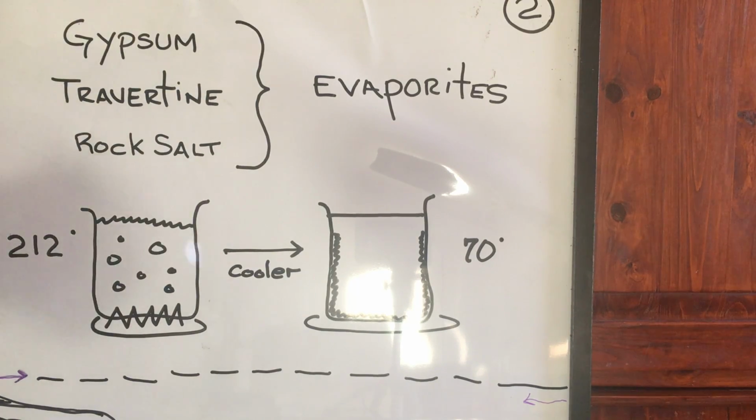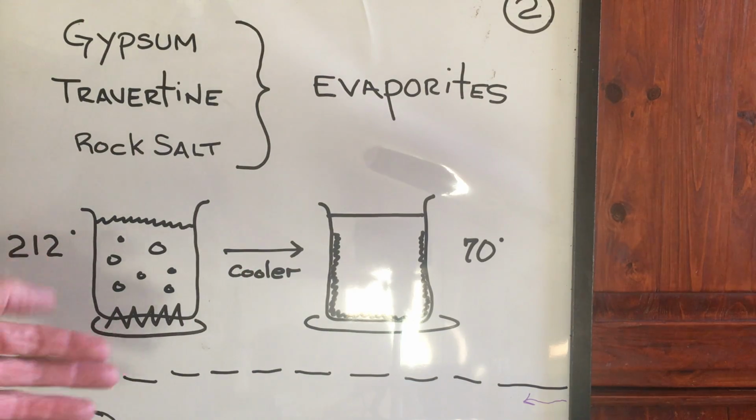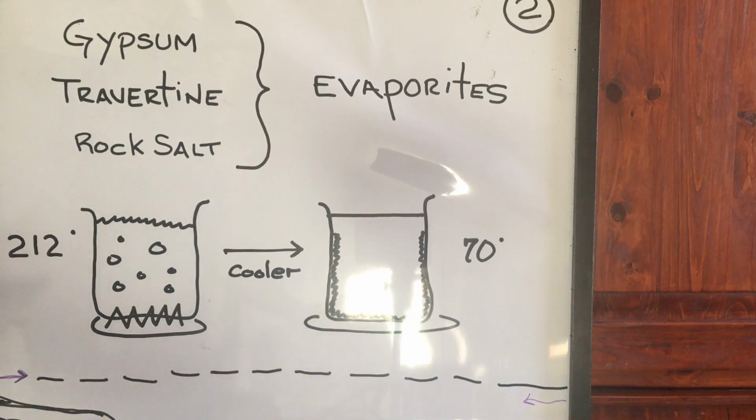These rocks have come out of the water, out of solution, as the water evaporates off of a pond or a lake or a bay or something like this, and it leaves the mineral behind. And you've seen this process all the time.